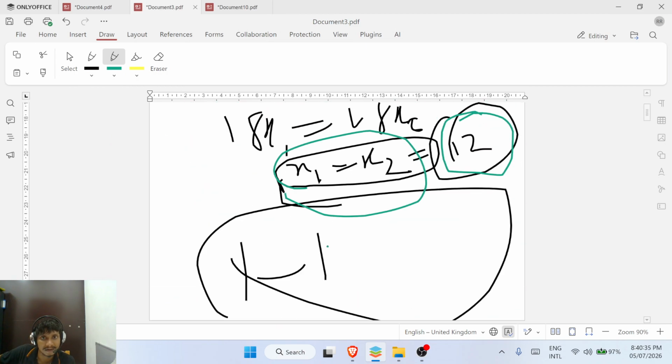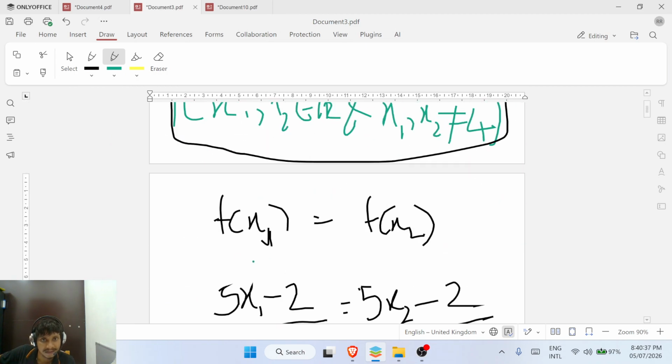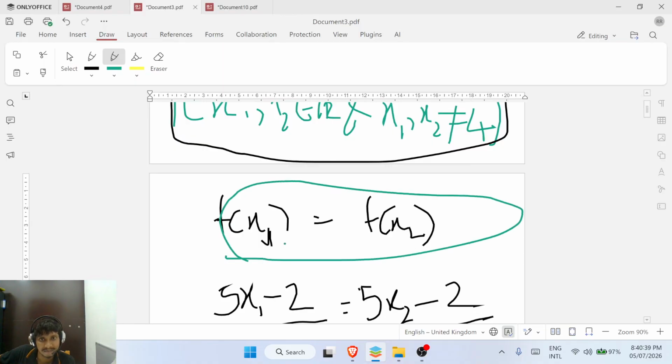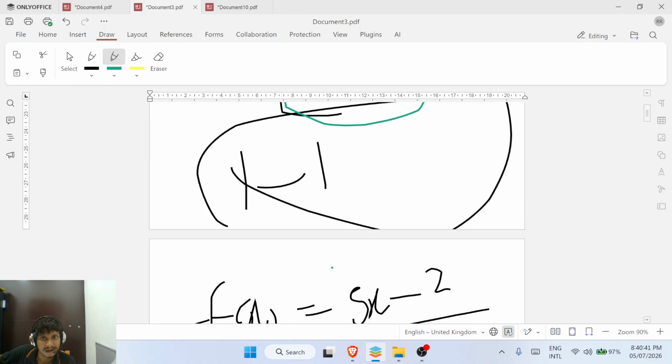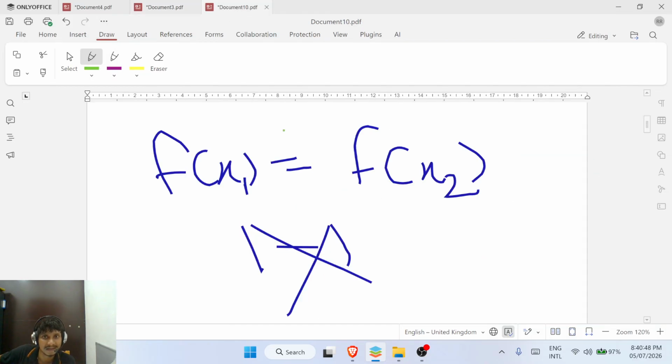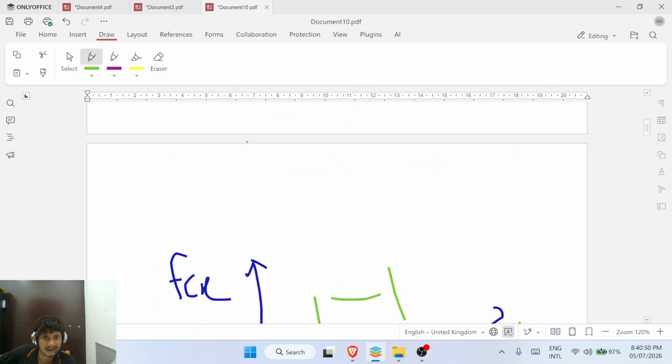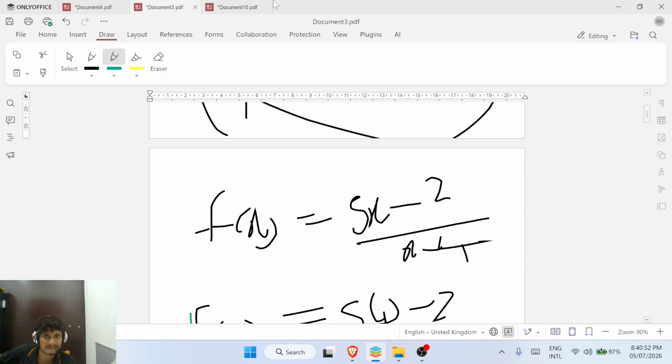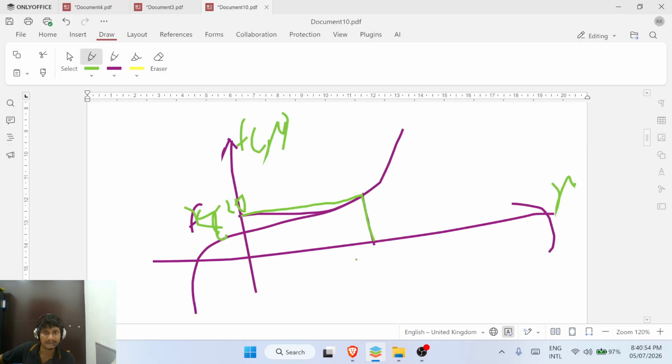Your assumption is that f of x1 and f of x2 are the same, meaning two values have the same value. Then the x values are the same, therefore x1 is equal to x2. This is the real meaning.